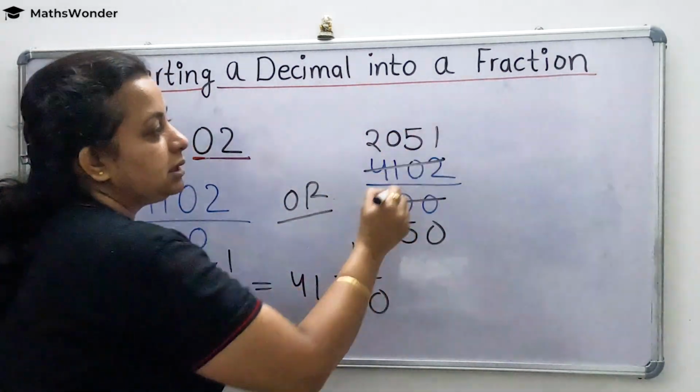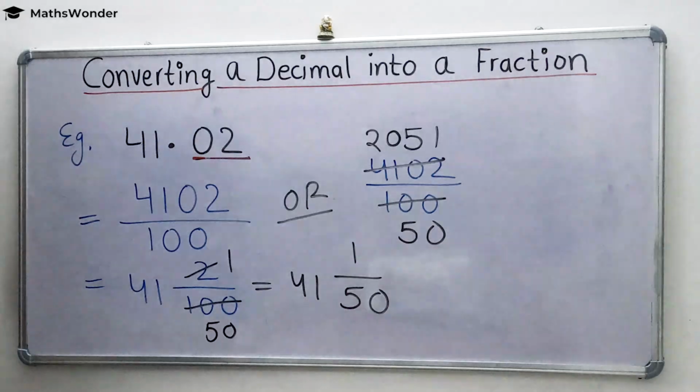Many students make mistakes here. So 2051. Now check, can we reduce more? Can we simplify more? Is it possible, because the denominator is 50? No, you can't.